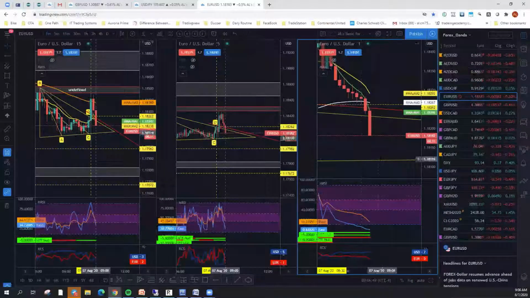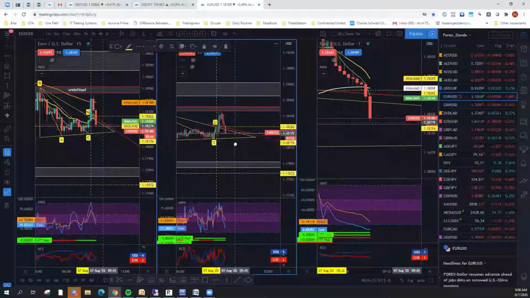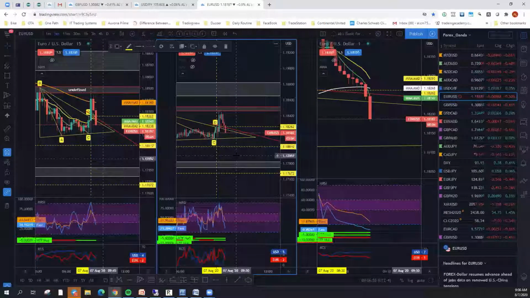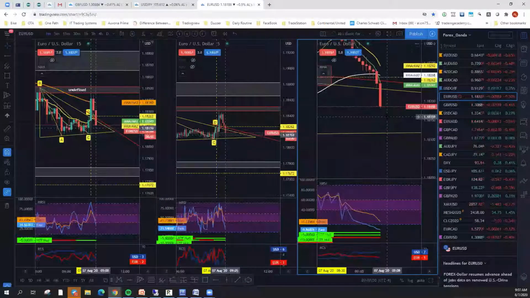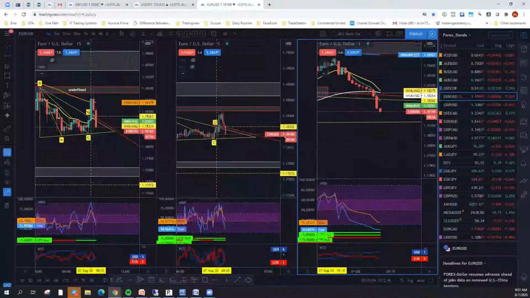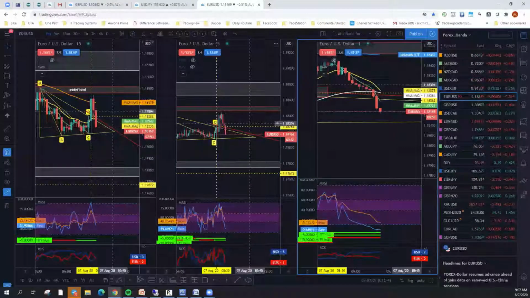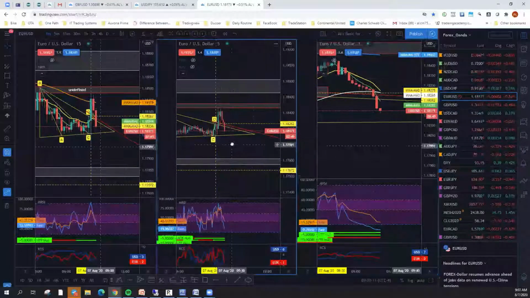Dollar is still strong, and this thing could pop out the bottom here. If it pops out the bottom, you'd be looking at this for a target.